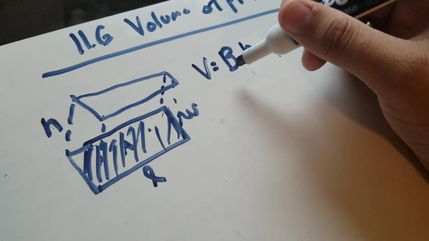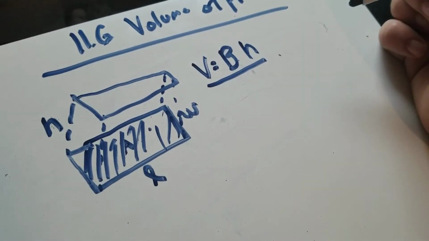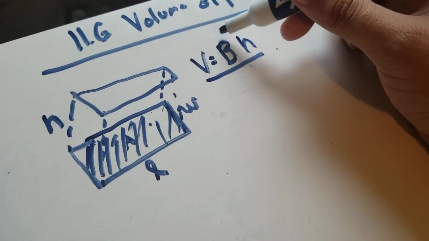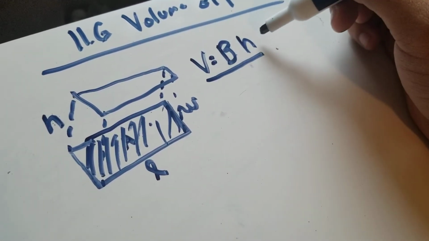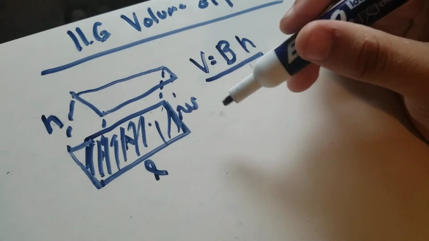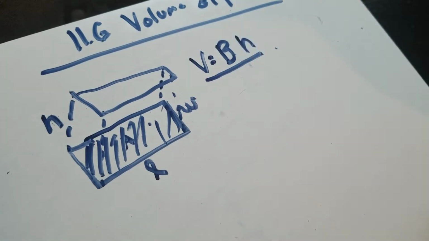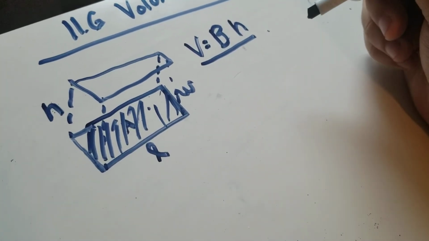So this is your general equation for the volume of any prism: the area of the base, capital B, times lowercase h, which is the 3D height. Sometimes you can call it depth too, like how far up or down it is into the 3D space.